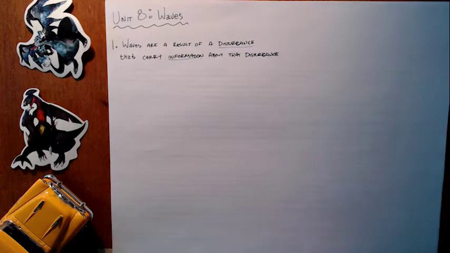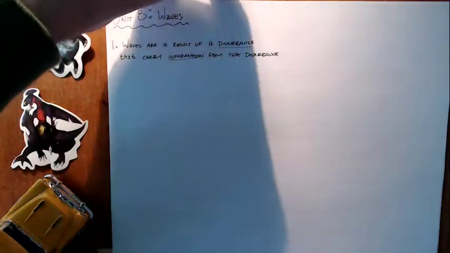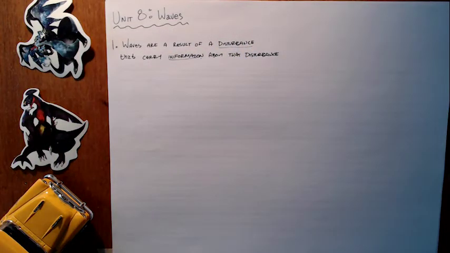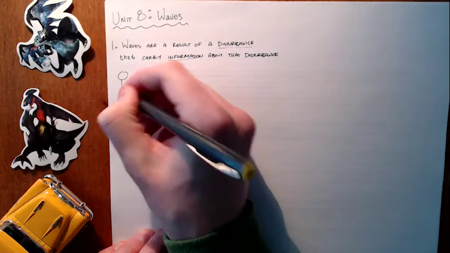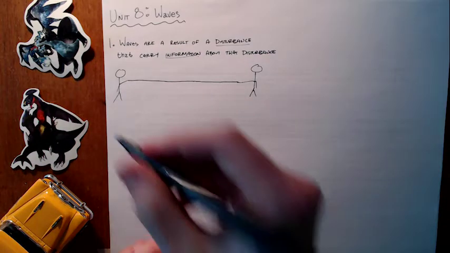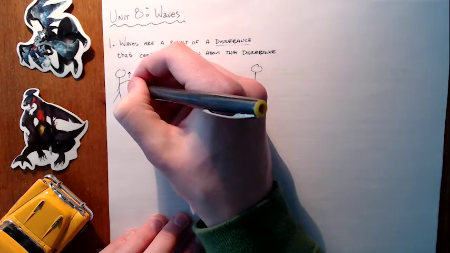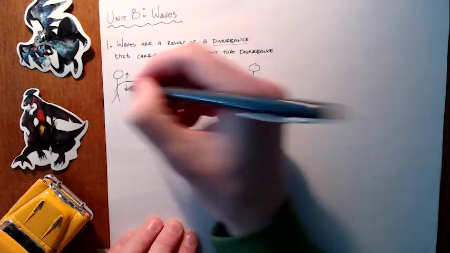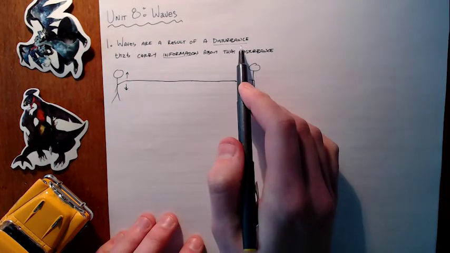So let's look at the most simple example. You and your friend are holding on to either end of a rope. So what you're going to do is you're going to flick one end up and down. You're going to cause a disturbance.